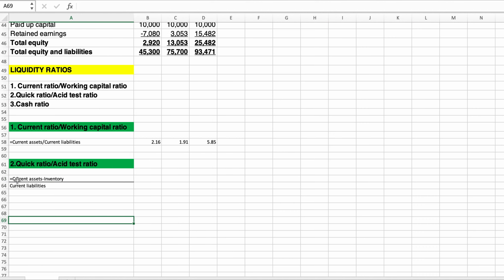So that's the formula: current assets minus inventory divided by current liabilities.